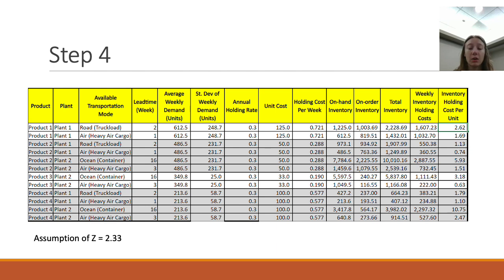Then we found on-order inventory from the formula the square root of lead time plus 1 times the standard deviation of demand times the safety factor, which was assumed to be 2.33. Then we added on-hand and on-order inventory together and multiplied this by the holding cost per week to find the weekly inventory holding cost. Lastly, we divided the weekly inventory holding cost by average weekly demand in units to find the inventory holding cost per unit.